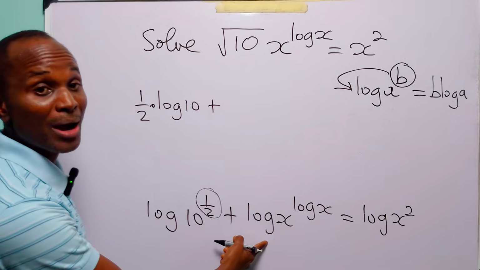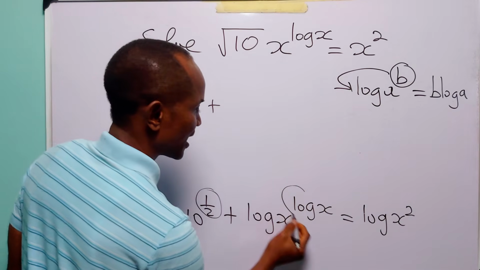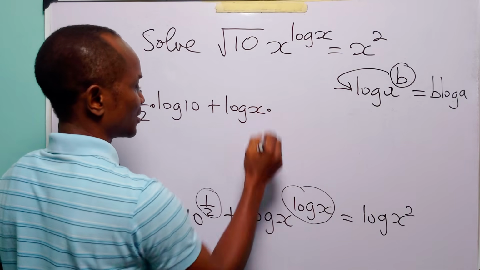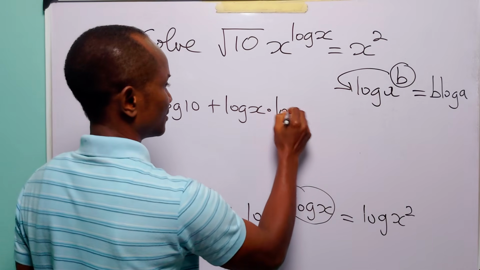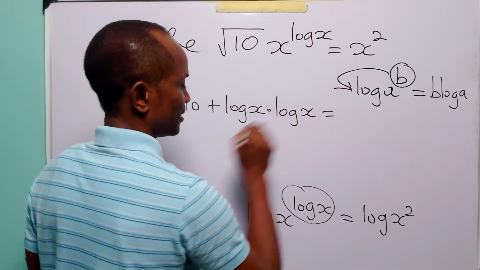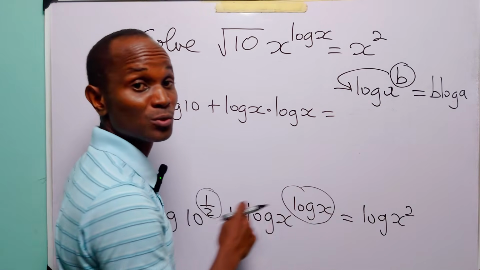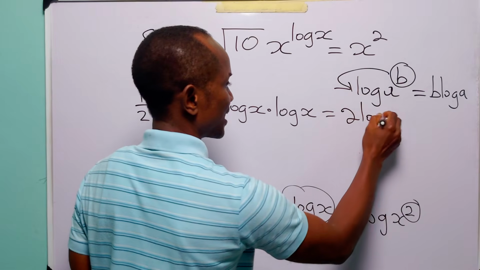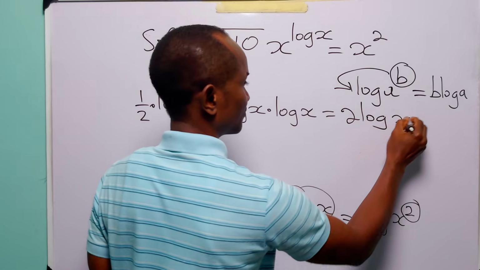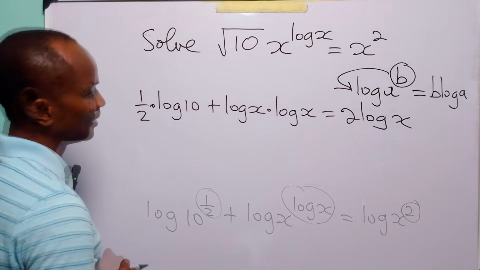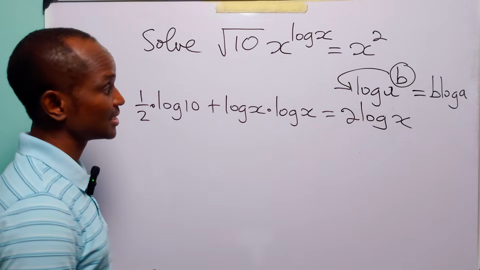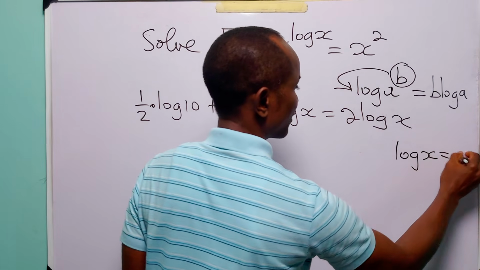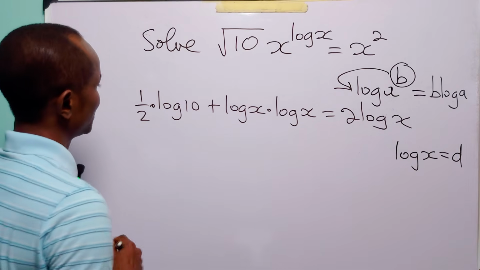When we apply the power rule to this second term, we have log x multiplied by log x. And when we apply the power rule to this term, we have 2 multiplied by log x.